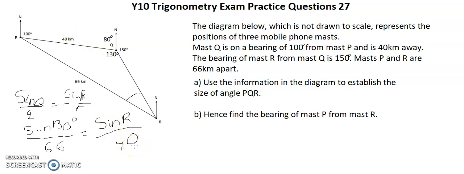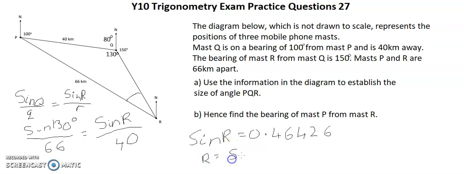I can simplify that by timesing both sides by 40, and that gives me the value of sine R to be 0.46426. I want to get R by itself, so I need to do the inverse operation.